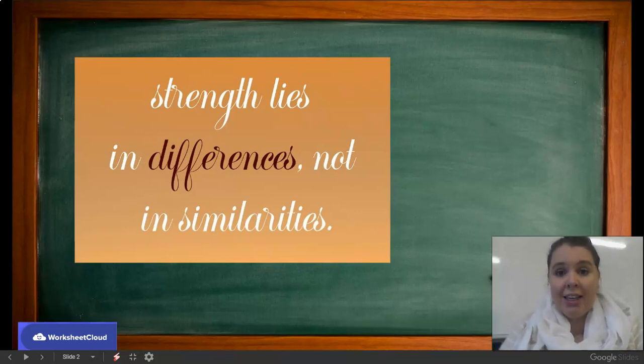Strength lies in differences. So that means that people who are different to the next, or different cultures, different languages, different races, whatever, we find strength in our connection. And if we only want what is similar, we're never ever going to be strong.